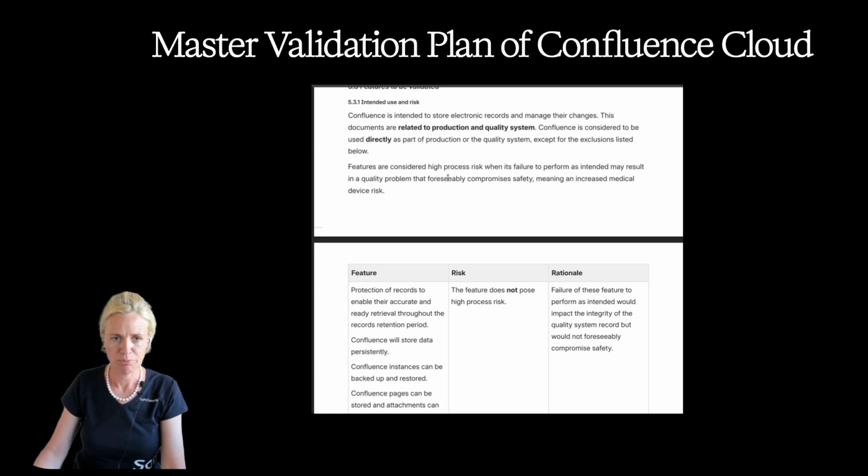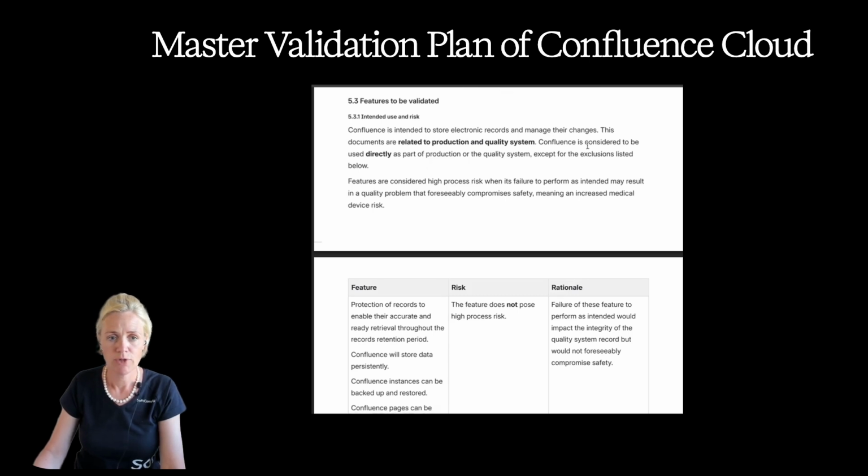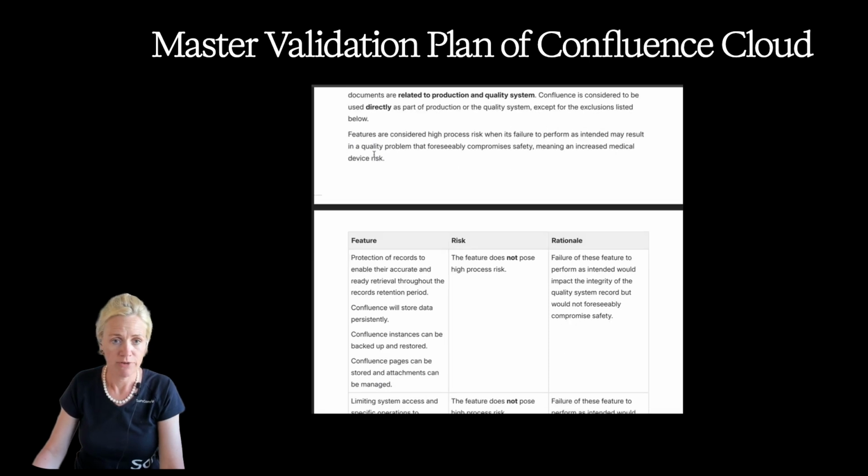The master validation plan describes the Confluence features that we validate in the SoftComply Validation app for Confluence Cloud. It describes the intended use of Confluence in terms of where medical device developers would use Confluence, if Confluence is considered to be used directly as part of production or quality system, and whether the main functionality of Confluence is considered a high process risk or not.